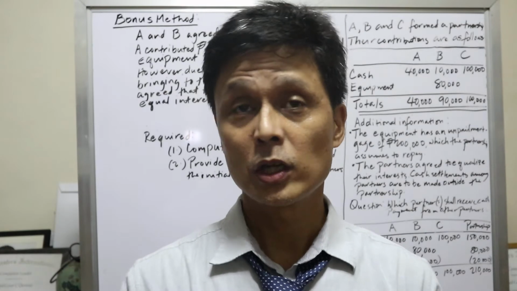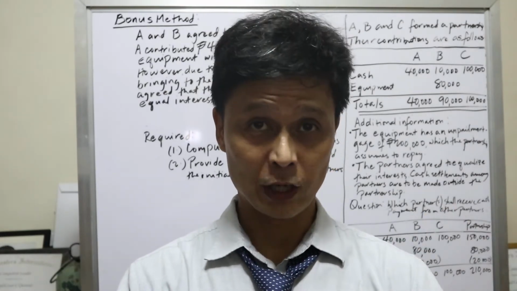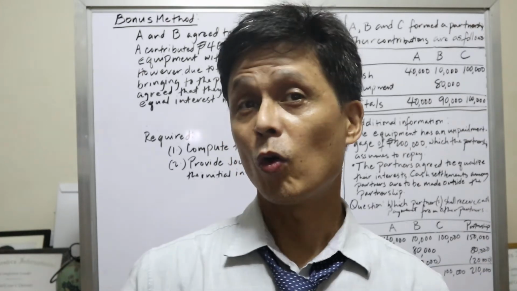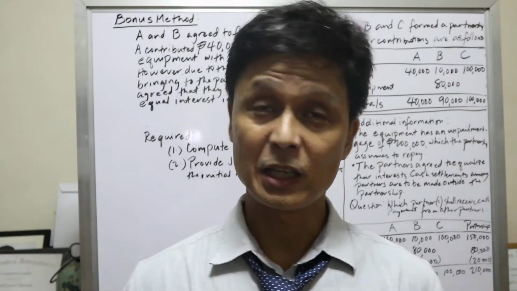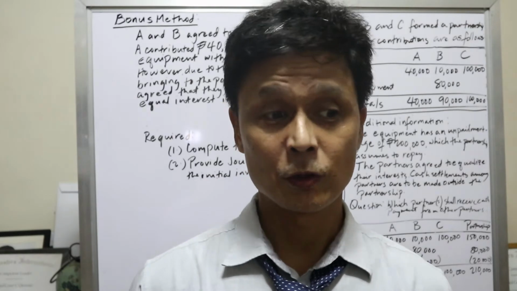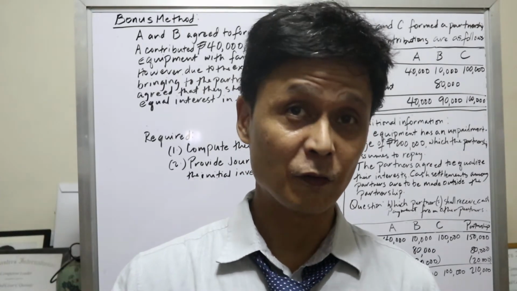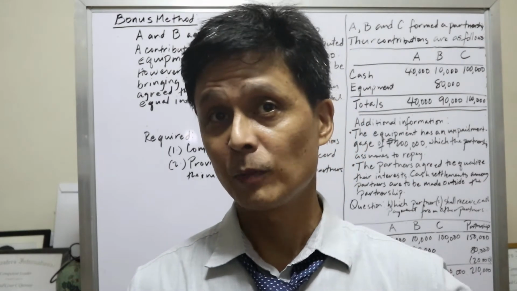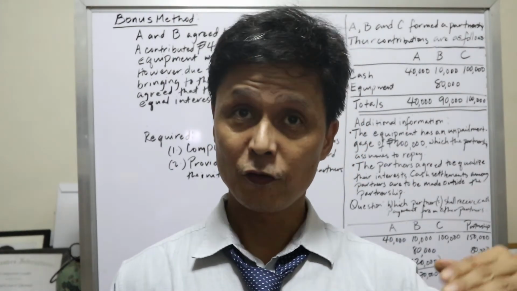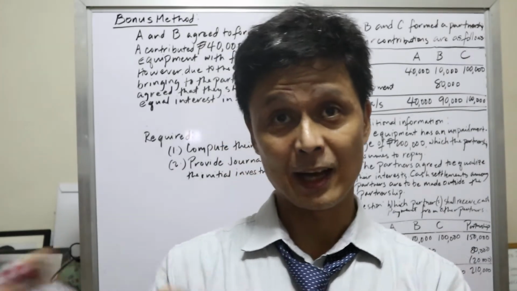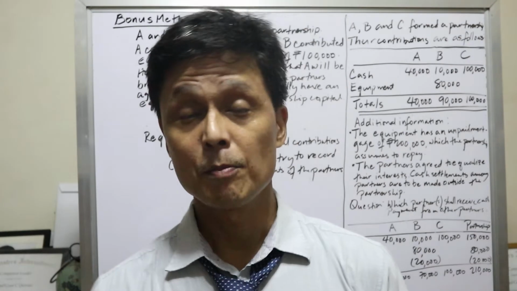So, in other words, yung buong 50,000 na kinontribute nila, tig 25 silang pareho. Although yung binigay ni A mas maliit kaysa dun sa binigay ni B. So, yung capital contribution ni A lumaki ng 15,000 while yung kay B naman lumiit ng 15,000. So parang binigay ni B yung part ng capital niya kay A. So this is the bonus method.